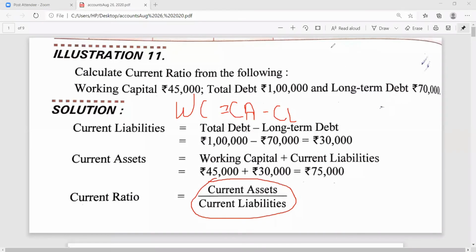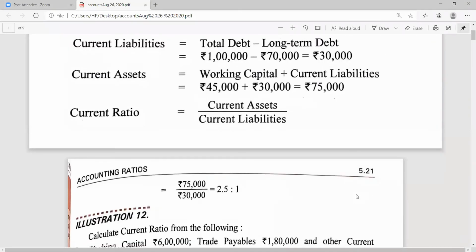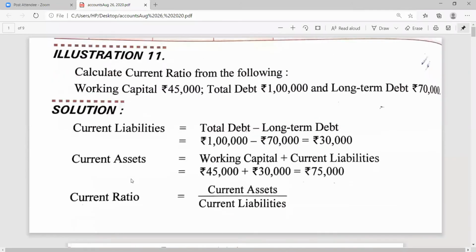What to do now? Now we have to put the values in the statement, and we will apply the formula: current assets 75,000 upon current liabilities 30,000 is equal to 2.5 : 1. In this way you have to do this question.